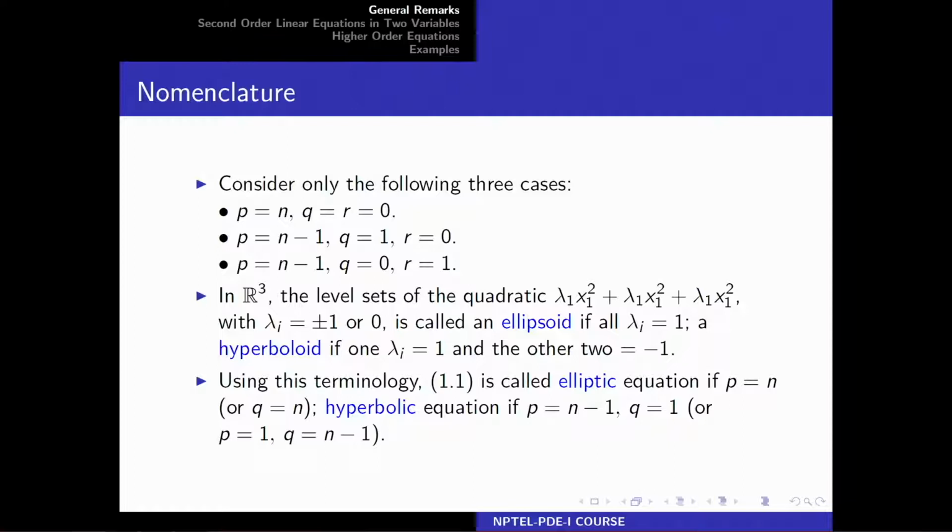So, the other third case now we will discuss in detail, namely n minus 1 positive eigenvalues and 1 zero eigenvalue, equivalently n minus 1 negative eigenvalues and 1 zero eigenvalue.